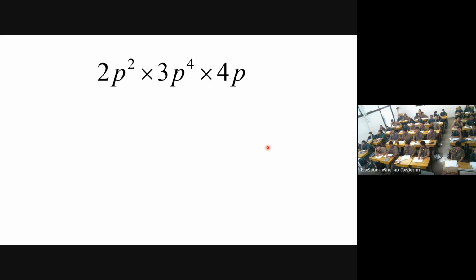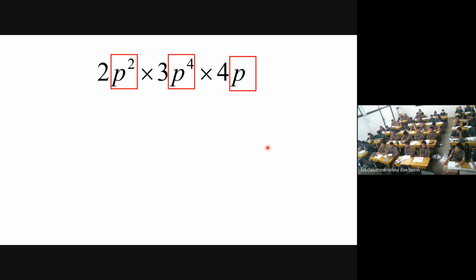We have 2p to the power of 2 times 3p to the power of 4 times 4p. What do you think is the answer? In this case, again, we're dealing with only exponential number, right? And in this case, we only have this as exponential number, this, and this.